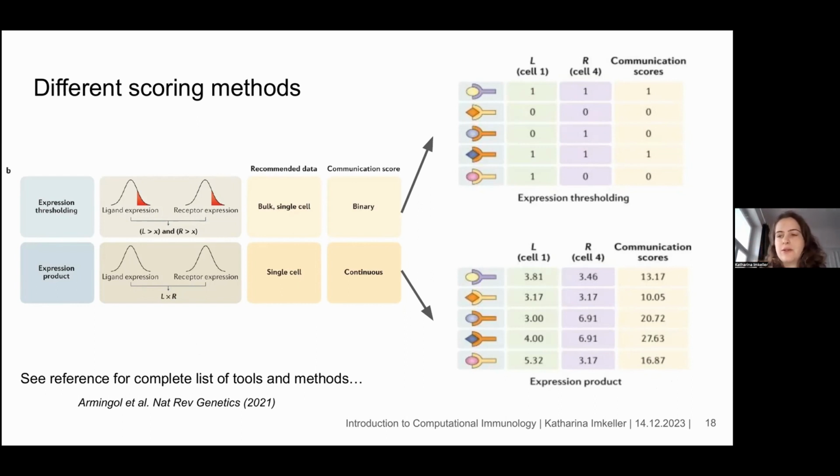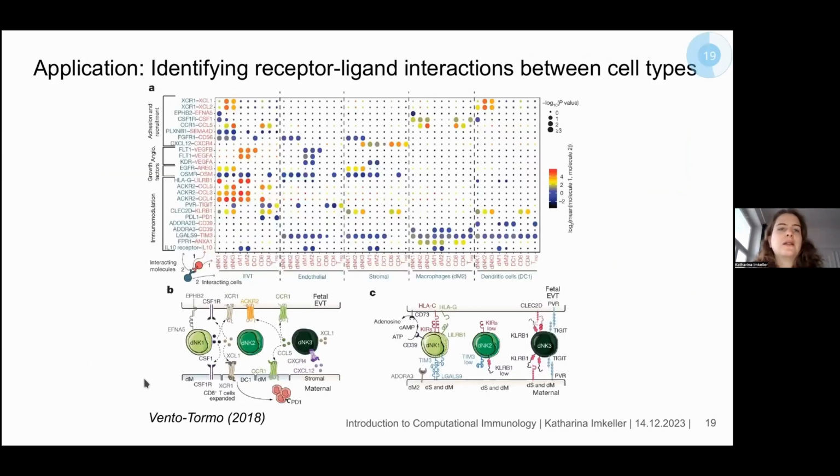Now I would like to show you one example of how this receptor-ligand scoring can be integrated into research projects. This is a publication from 2018 showing the interactions of receptor-ligand pairs on different cell populations.